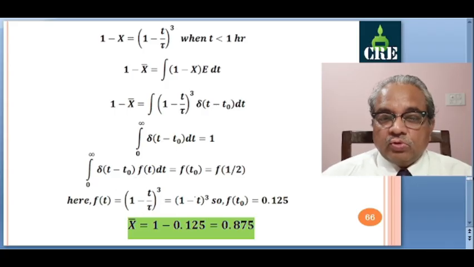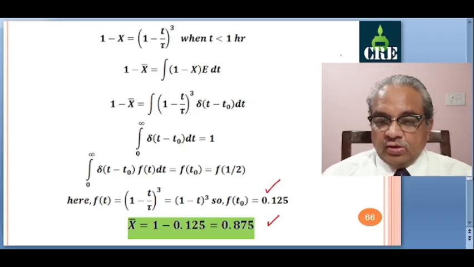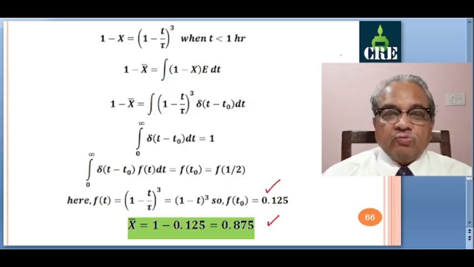Tau is 1. So (1 minus t) whole cube. So if you substitute 0.5, you get f of t0 as 0.125 and x bar will be 1 minus 0.125, that is 0.875. So mean conversion will be 87.5% for this case.